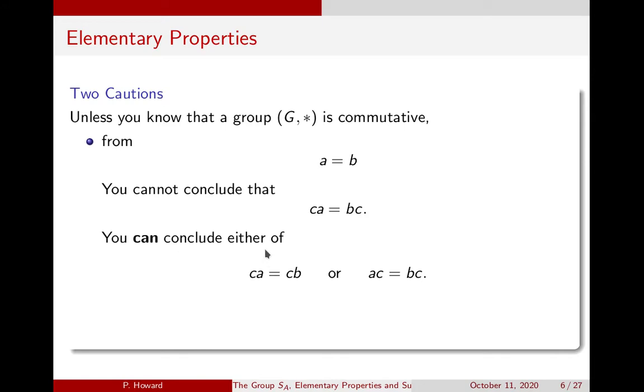But you can conclude from A equals B that CA equals CB, or AC equals BC. You can multiply both sides of A equals B on the right by C, or on the left by C.